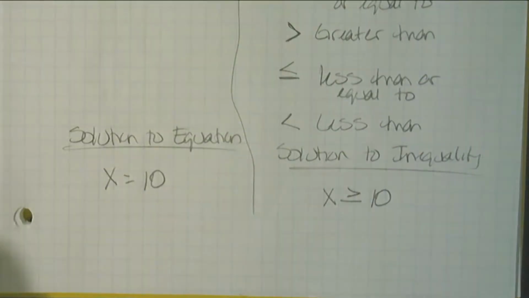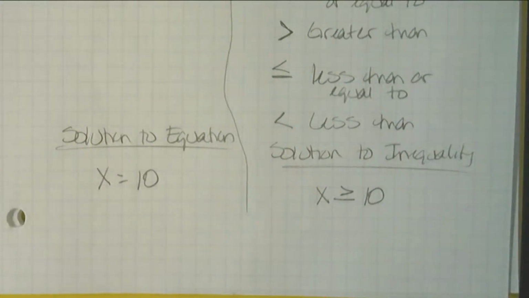So that is the difference between an equation statement and an inequality statement, and visually what a solution looks like. Now for inequalities, we typically graph our solutions. So let's remember how to graph solutions to inequalities.